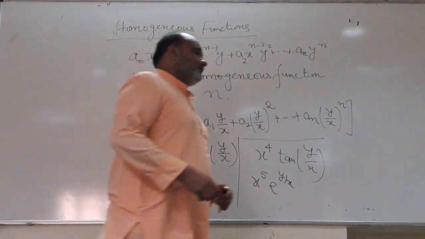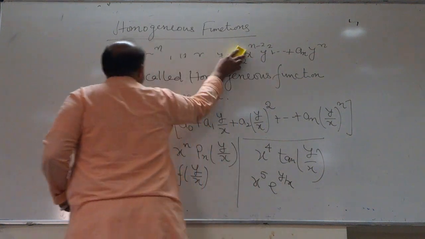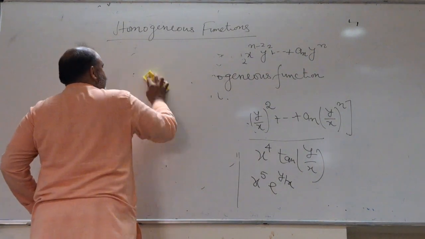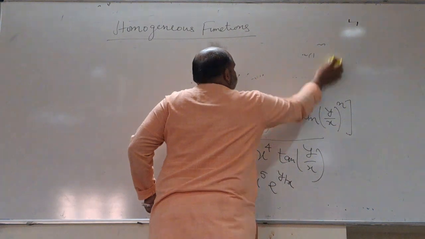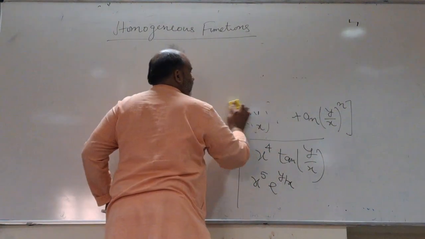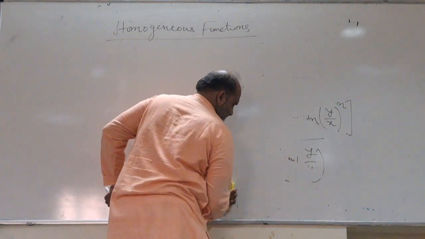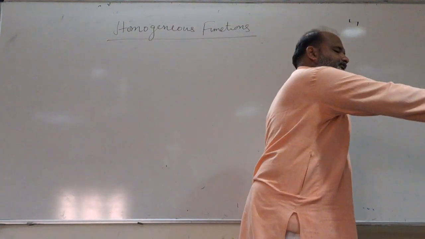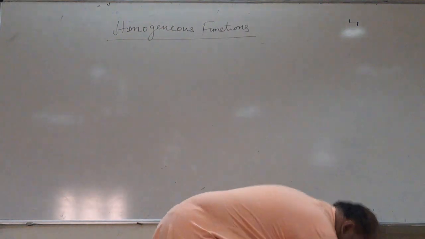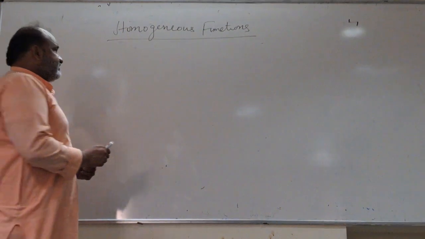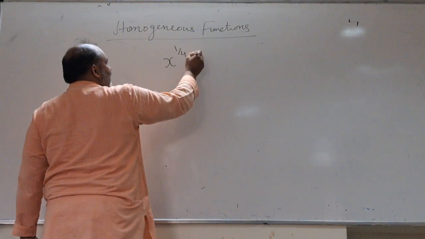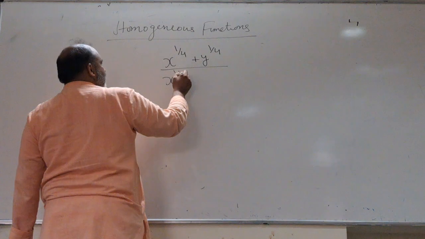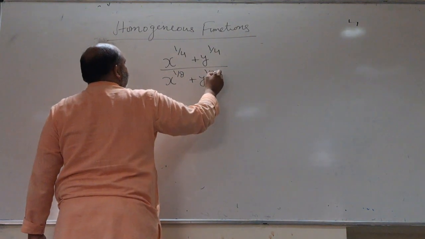Let me have another example. If I write down one expression like this, x power 1 by 4 plus y power 1 by 4 divided by x power 1 by 8 plus y power 1 by 8.